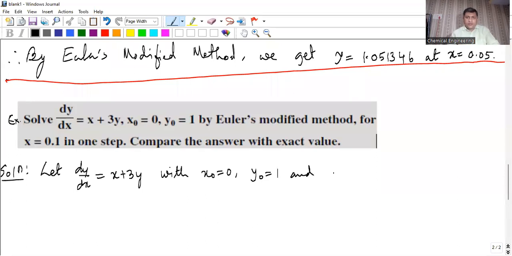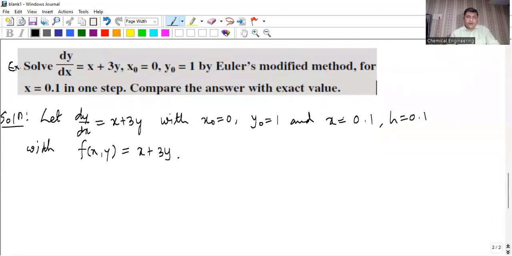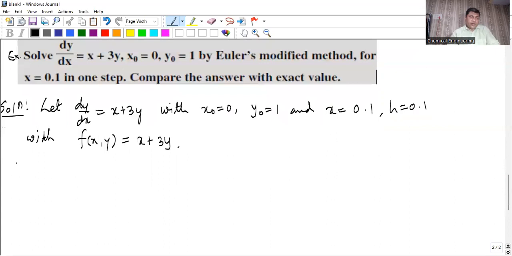And h is going to be 0.1 because we have to find it in one step, with f of x, y is equal to x plus 3y. So these are the given things, and we have to find this by Euler's modified method.